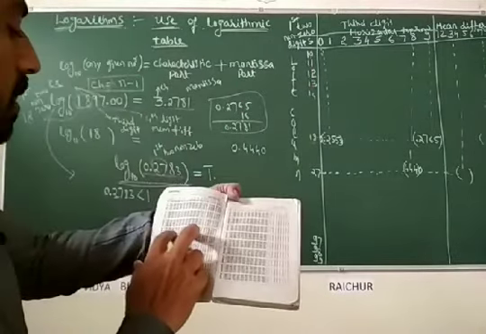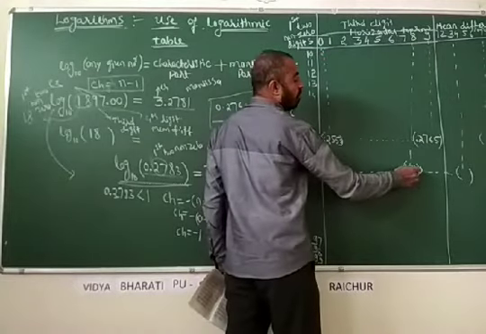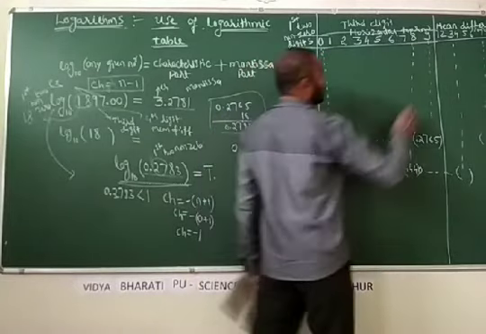The value under 8 is 4440. Fourth digit 3, when you see in the table, that value is 5.